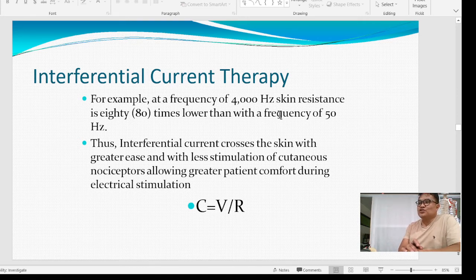Sa noxious kinahanglan kag taas gid kaayo kay ang skin interface taas man gud siya resistance sa low frequency nga current para makapenetrate. So kinahanglan mo increase gyud ang intensity so which is already very painful. Whereas at 4,000 hertz ang resistance sa skin is very low.